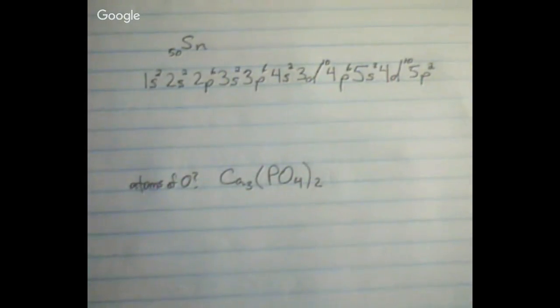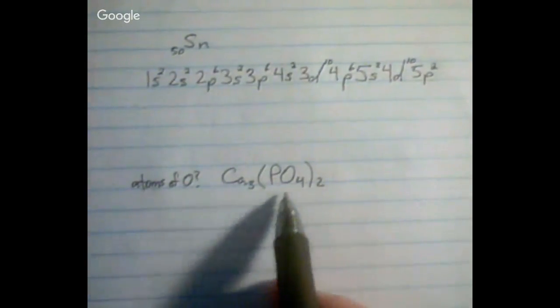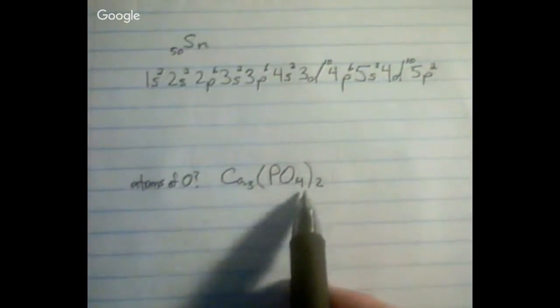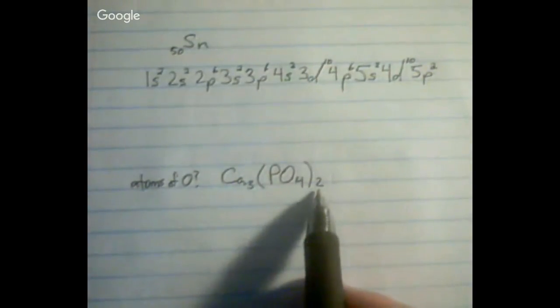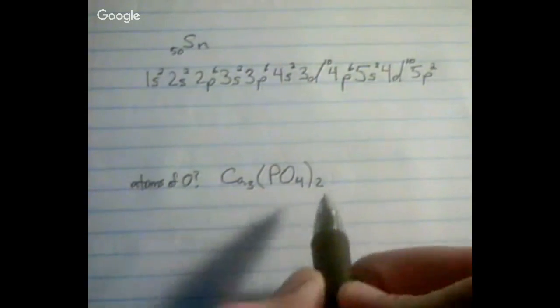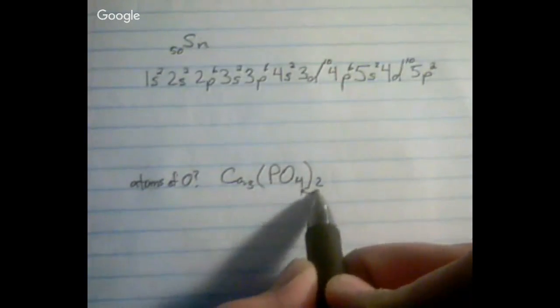So if I want to count up the atoms of oxygen, or any of the elements, I look at my formula. Okay. If anything's in parentheses, whatever is outside applies to everything in the parentheses. So this 2 here applies to that O, which has a 4 as a subscript.